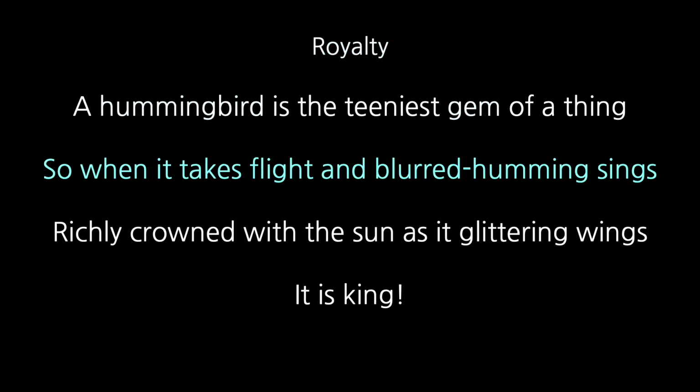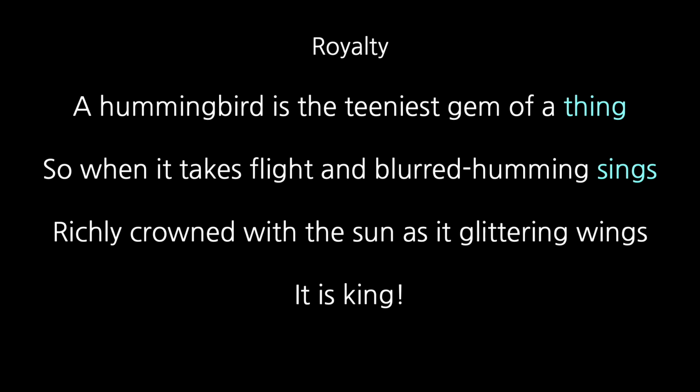So when it takes flight and blurred humming sings, all right, so thing and sings are, you could call it a half rhyme, because one ends with an S and one doesn't, but they do rhyme.